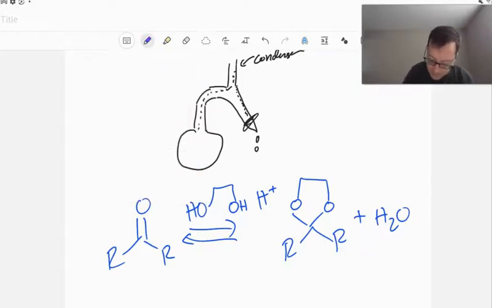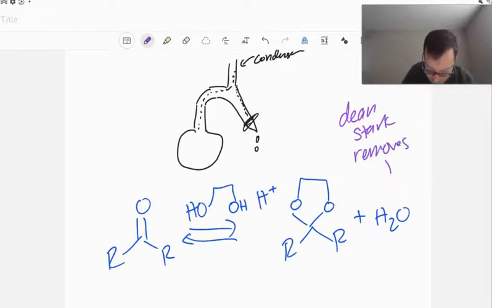So a Dean Stark apparatus removes this. And that's one way to do it. You can put molecular sieves in there also. You can use a Dean Stark apparatus. You can use a solvent that doesn't mix well with water, like toluene or something. So you just have other ways to get rid of it.